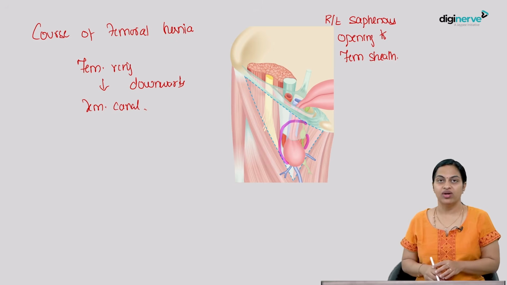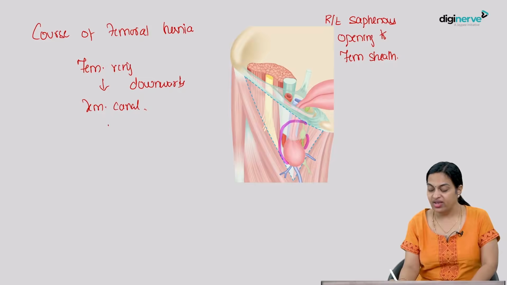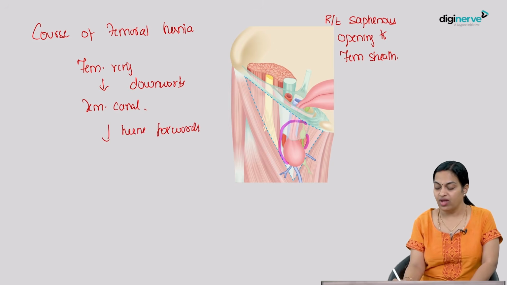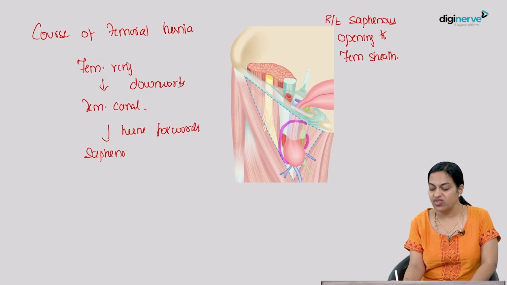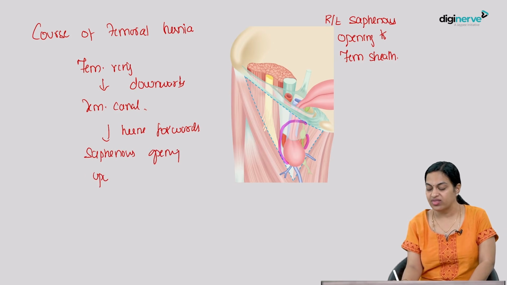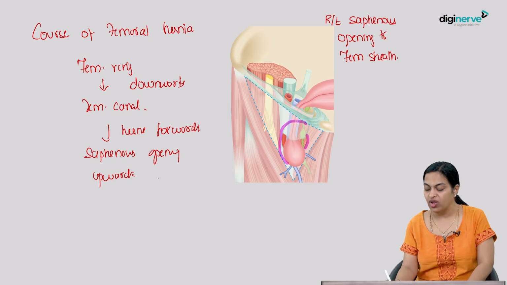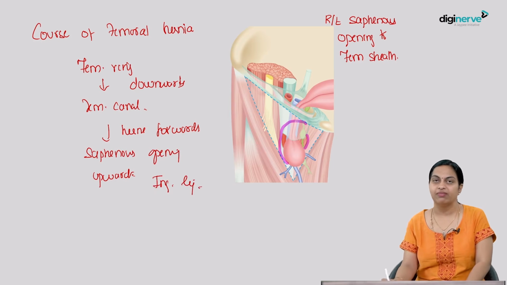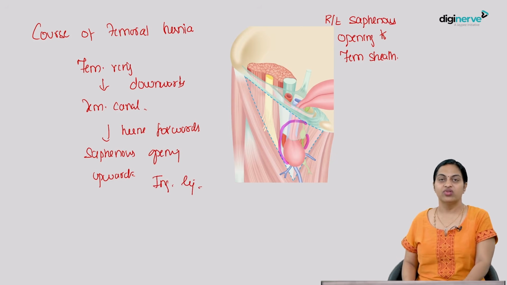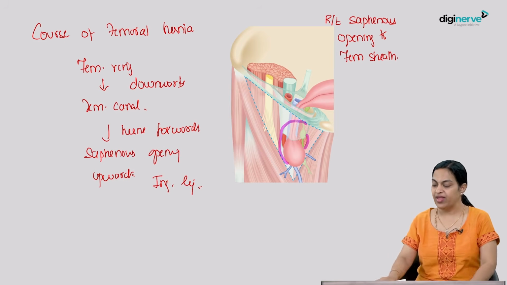Okay, so the femoral hernia, through the femoral ring, descends down into the femoral canal and then it turns forwards, comes out through the saphenous opening, and then proceeds upwards along the falciform margin of the saphenous opening towards the inguinal ligament: downwards, forwards, and turning upwards. So this is the course of the femoral hernia. For reduction, the reversal is done. Okay.